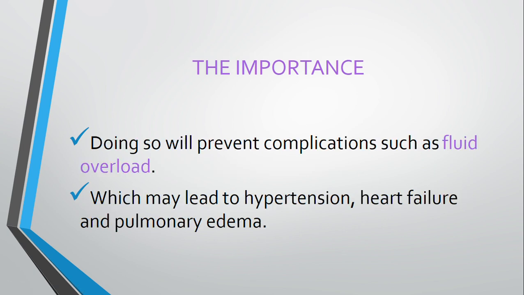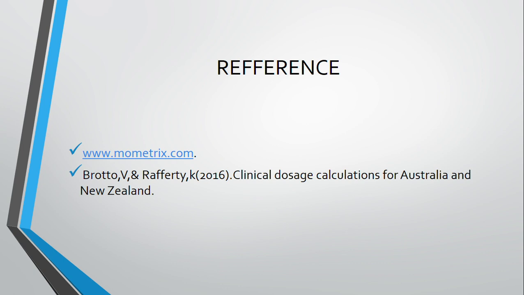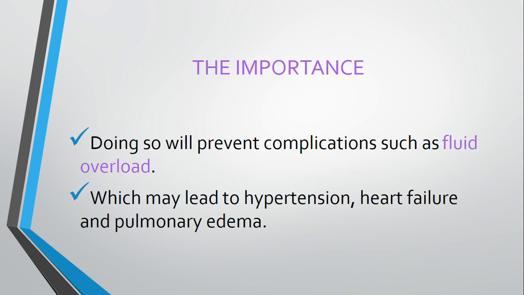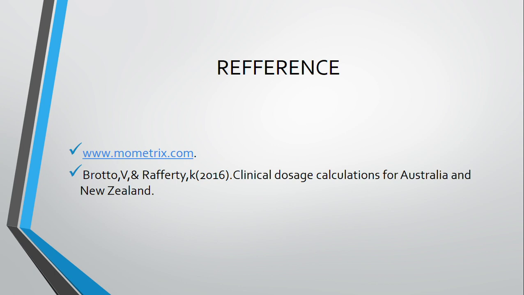Doing so will prevent complications such as fluid overload, which may lead to hypertension, heart failure, and pulmonary edema. So this is why it is important for us to know how to calculate the drops per minute, so that we avoid complications.